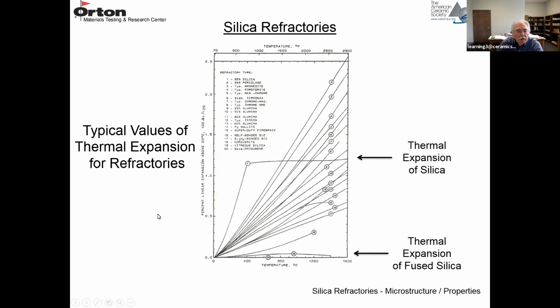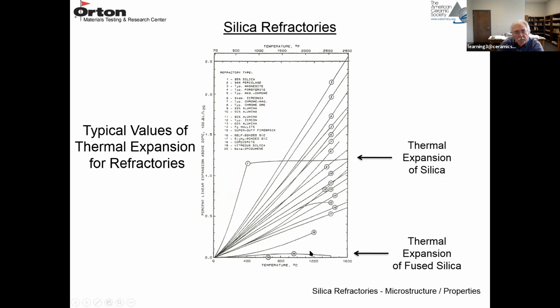So I also showed this diagram of thermal expansion versus temperature for different refractories. And on this diagram, this is the expansion of a silica refractory that's composed of tridymite and cristobalite. This is the phase transformation. This is where it levels off.